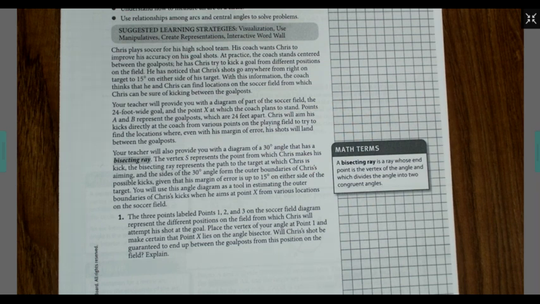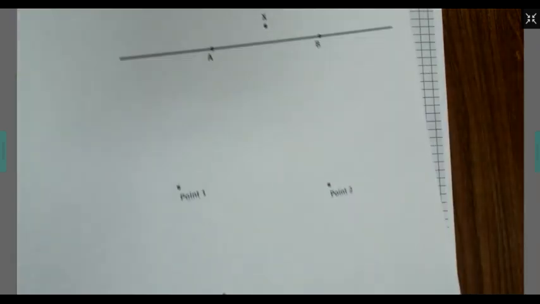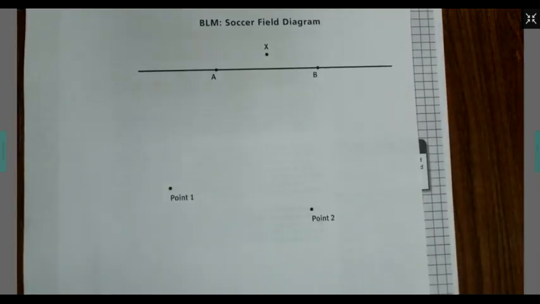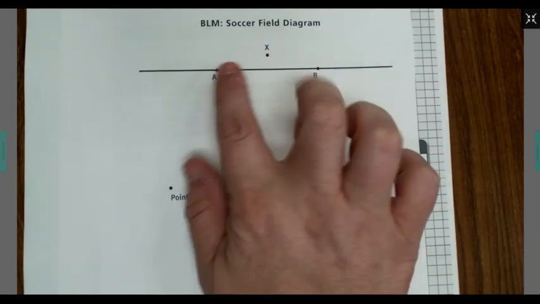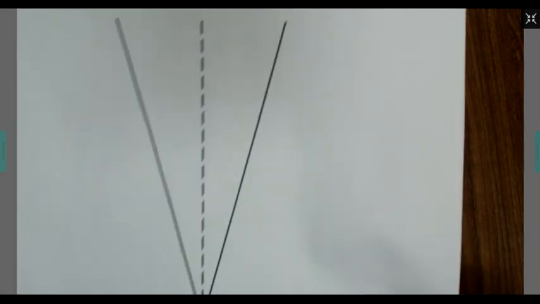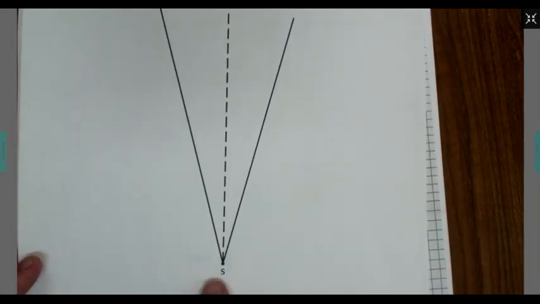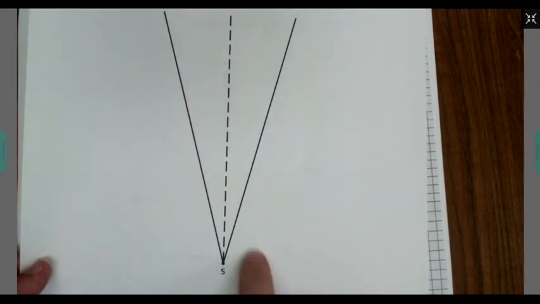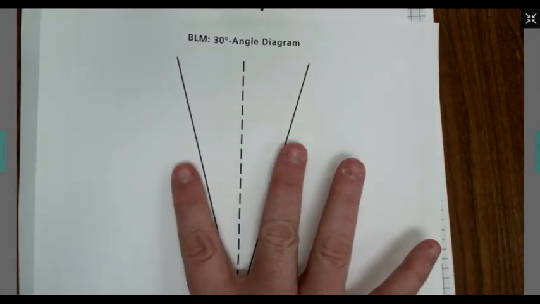And I'm going to show you, these should have been the 2 diagrams you received at the beginning of class. You should have received this. This is where his coach is standing. These are the goalposts. These are the different positions that he's going to try. You needed to use your scissors to cut out this diagram. And this is his 30-degree angle.